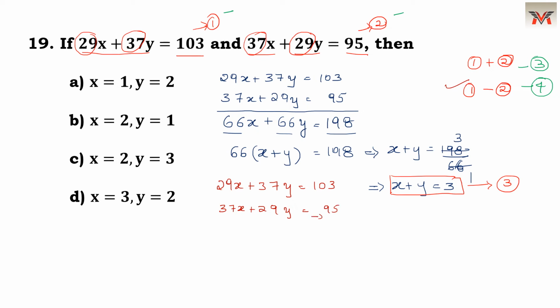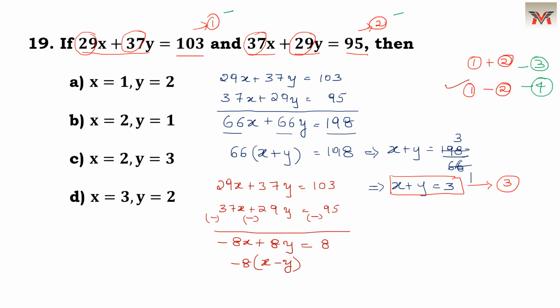When I go with the subtraction, what will I get here? 29 minus 37 gives me minus 8x, then here plus 8y, that is equal to 8. Correct? Now I'll take minus 8 common out. If I take minus 8 common out, I will get x minus y in the bracket.